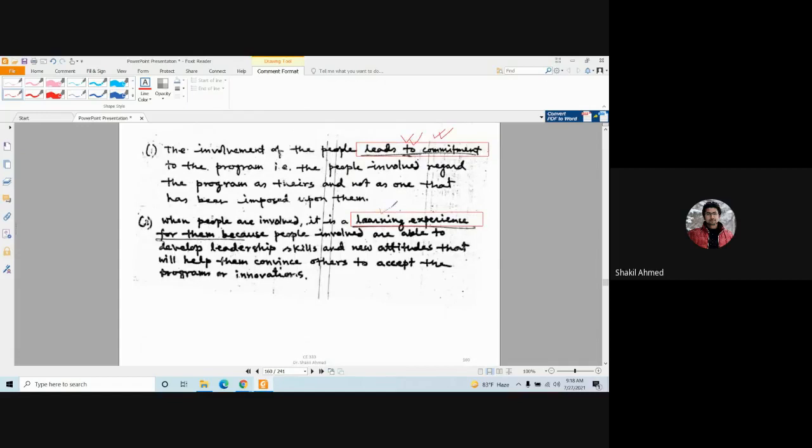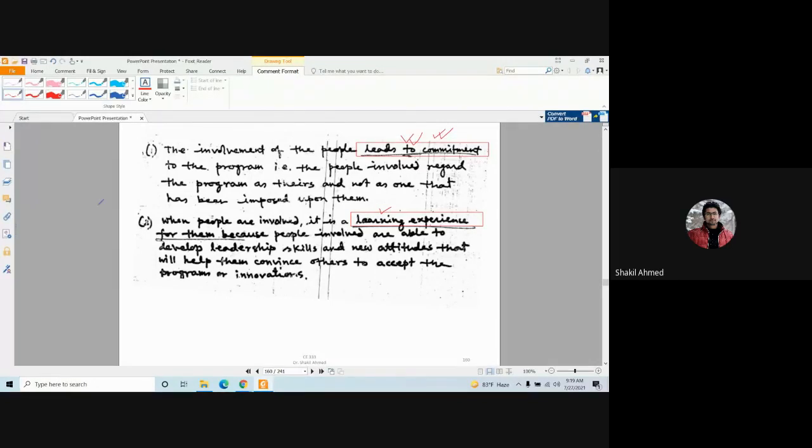Also, there are many problems that the community is facing, which an outsider may not know. So if you involve the community, you will be able to know those problems and will successfully incorporate protective measures in the design to resolve those problems.